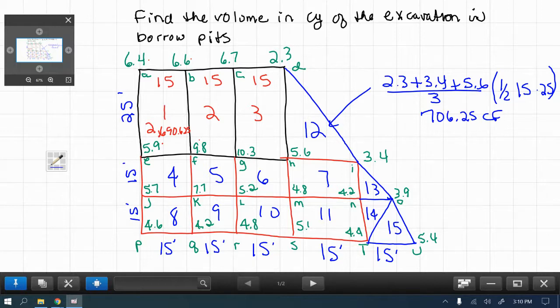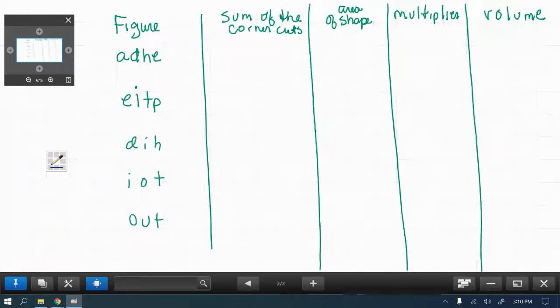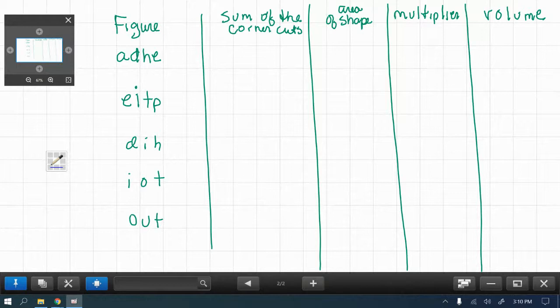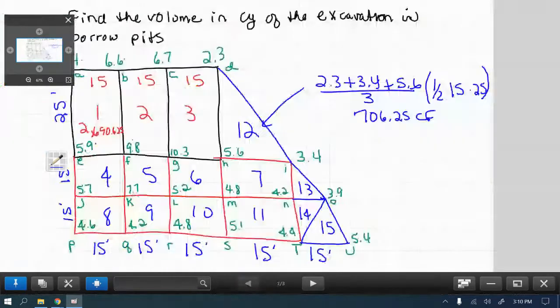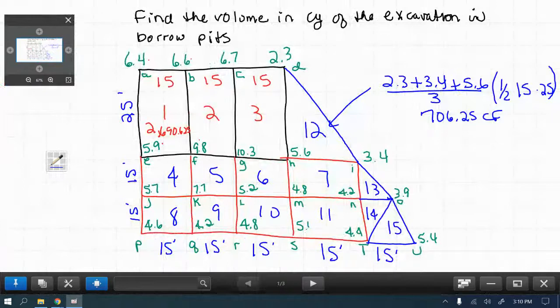So I'm going to show an easy way to do these, setting it up in a chart. So I'm going to flip over to right here. I'm going to go over one more page because the first thing I'm going to look at is these 3 that are the same, that 1, 2, and 3.